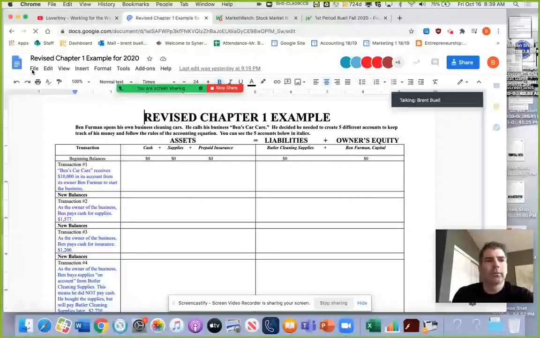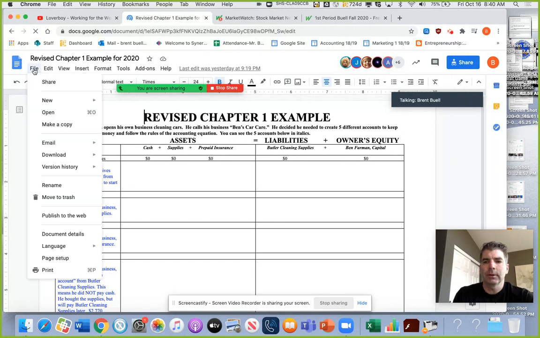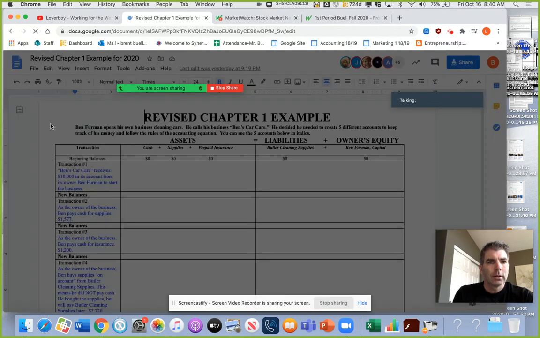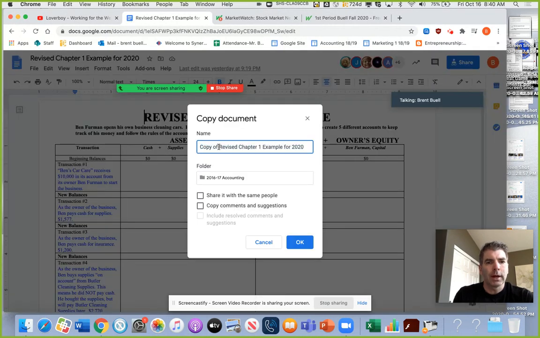Go File, Make a Copy like we always do. And this is the one we're going to fill out today. So I have 3 of them. Then if you looked on Canvas, you have 3 of these problems today. And so this is problem 1. Each one's worth 5 points. So put our name on this one. Okay.